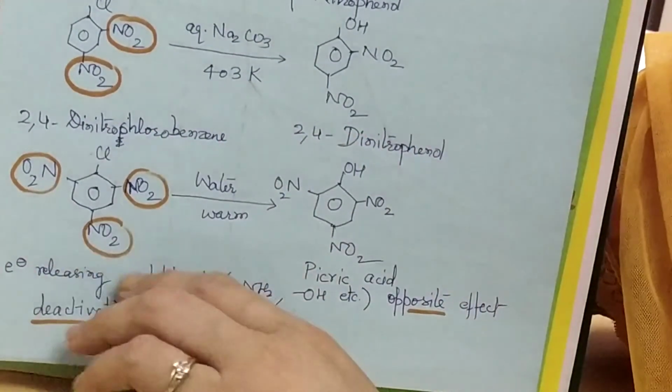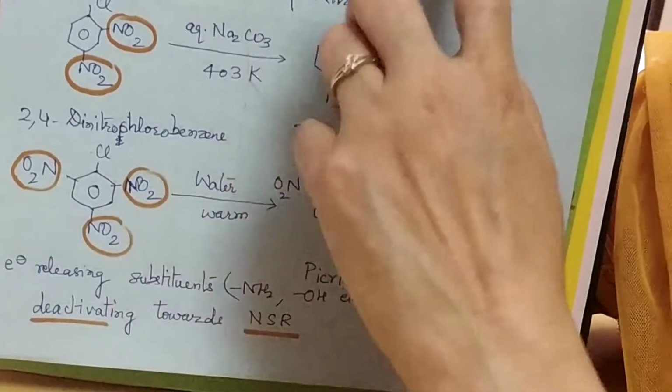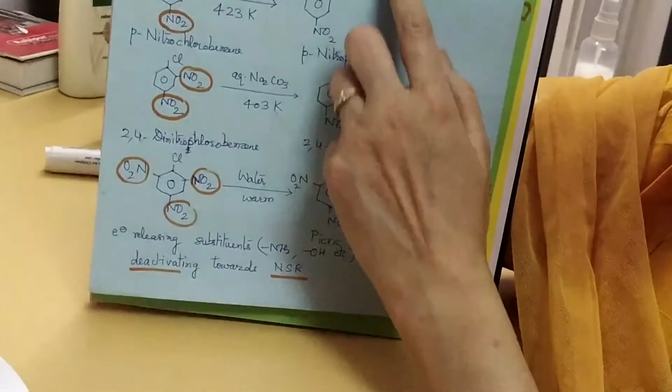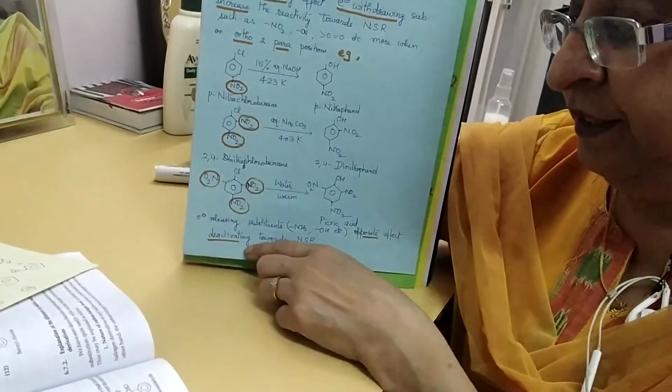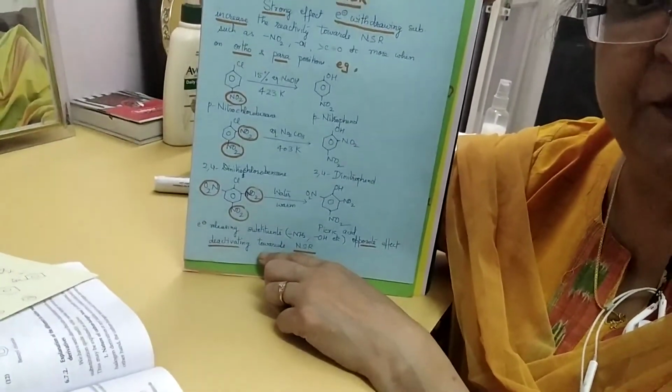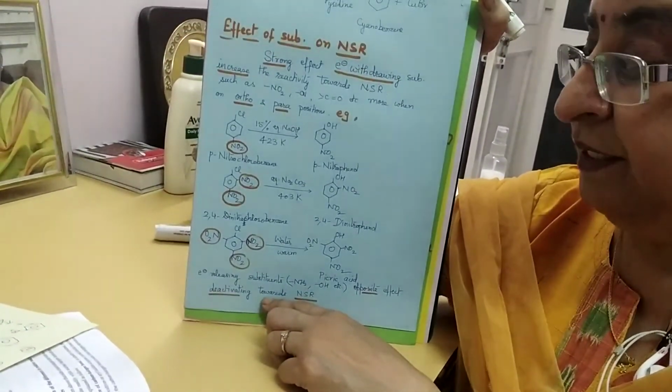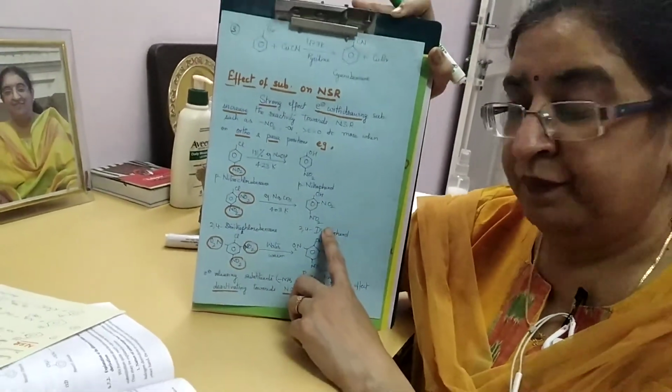They'll be having naturally an opposite effect, and if electron withdrawing substituents are the ring activating groups, here these are ring deactivating groups, and they'll be decreasing the reactivity of aryl halides towards nucleophilic substitution.